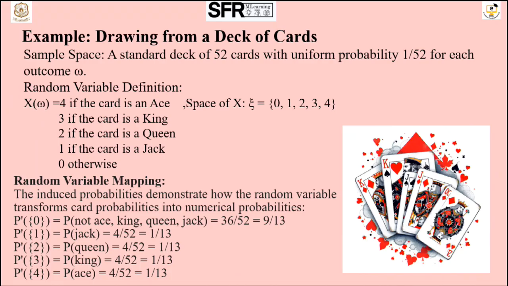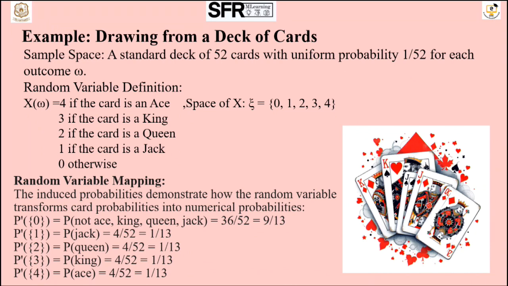Here I am going to explain one more example, that is drawing from a deck of cards. We all know there are 52 cards in a deck. I am defining the sample space as a standard deck of 52 cards with uniform probability 1 by 52 for each outcome omega.